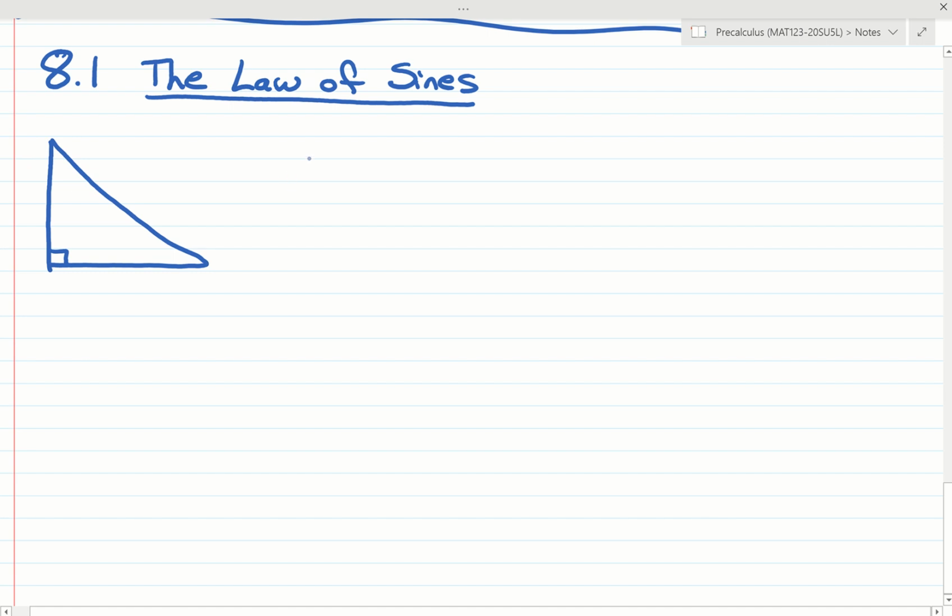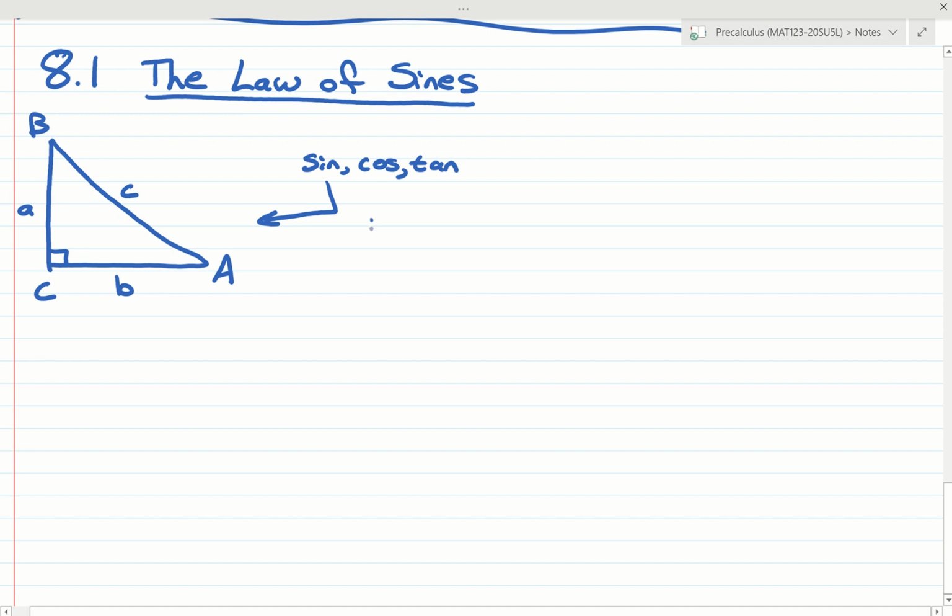we could use sine, cosine, tangent to solve a problem like this. And remember the way we labeled our triangle. Capital letters represent our angles, lowercase letters represent the sides that are opposite them.